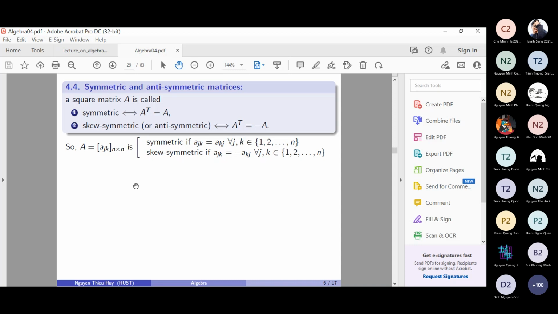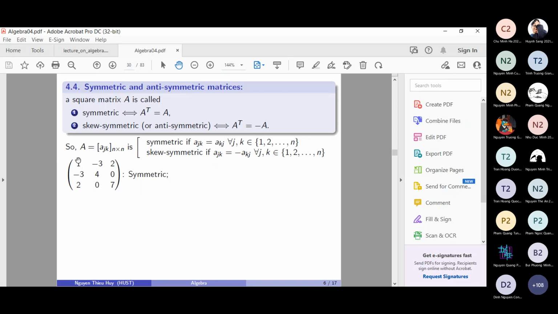So let me show you an example so that you can see. This is a symmetric matrix because you have here... we don't care about the main diagonal, because on the main diagonal the entries actually stay unchanged. So a_jj is a_jj, you know?